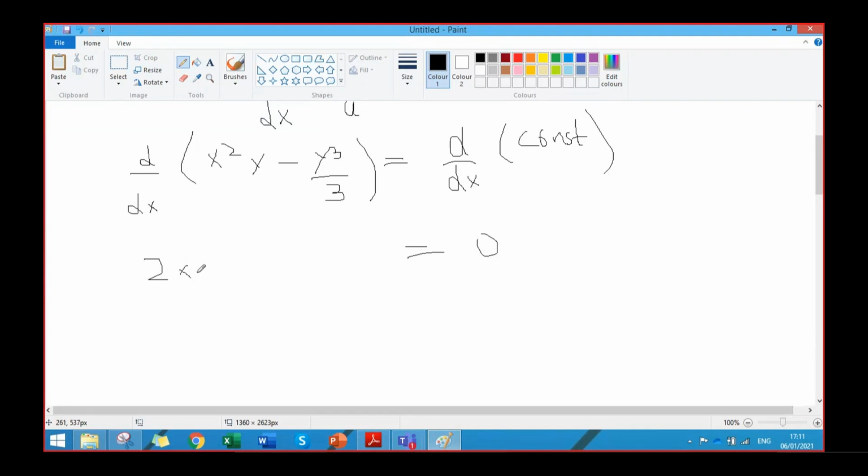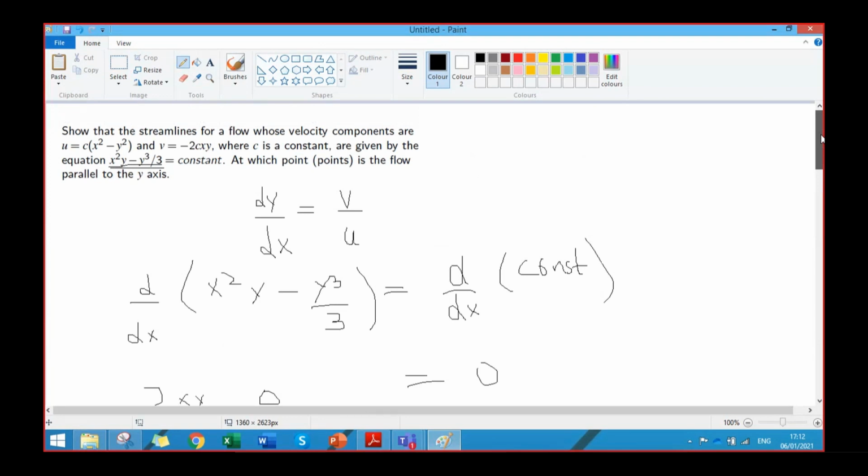You will have 2xy. Since y is a constant, the other term will be 0, which means 2xy equals 0, which means either x is 0 or y is 0, right? Similarly, if you differentiate with respect to y, you will get another point, because the question is asking at which points the flow is parallel to the y-axis.